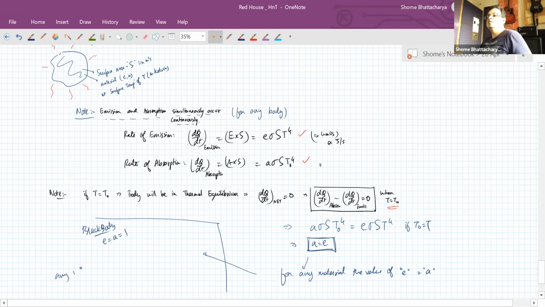And for any material, absorptivity equals the absorptive power of that material divided by the absorptive power of a black body. And emissivity equals the emissive power of that material divided by the emissive power of a black body.